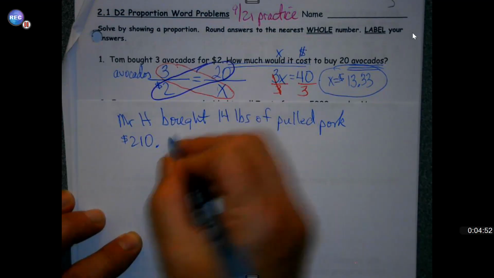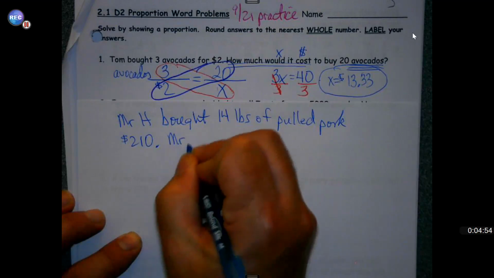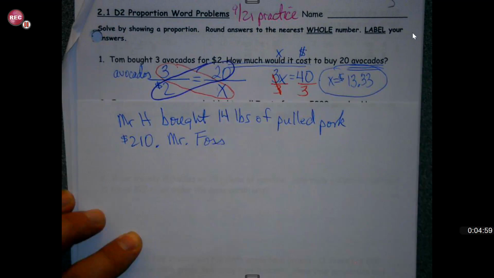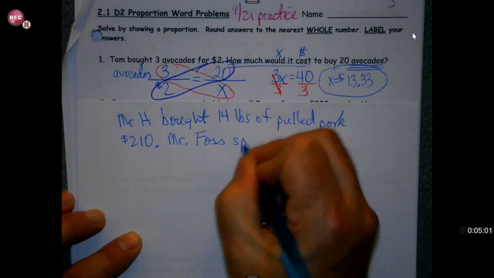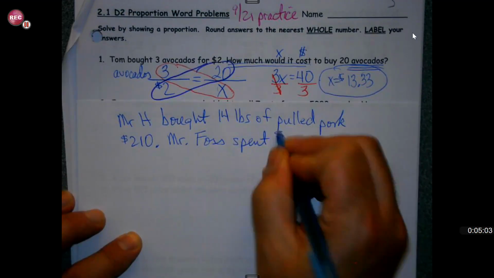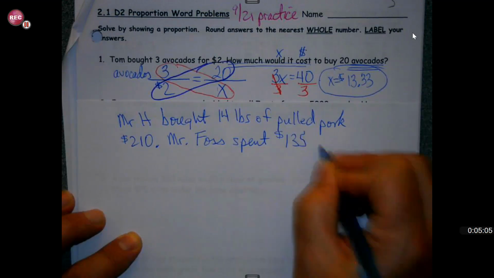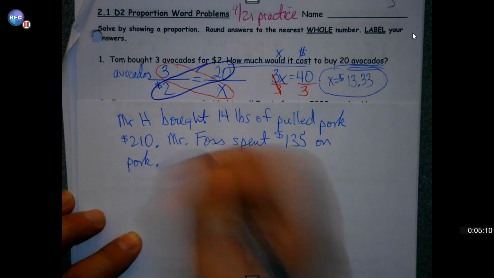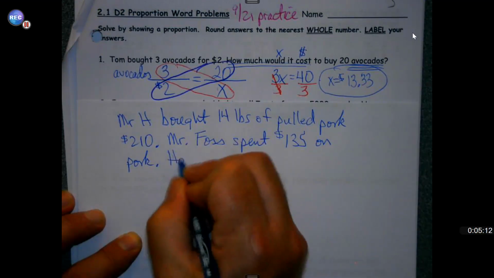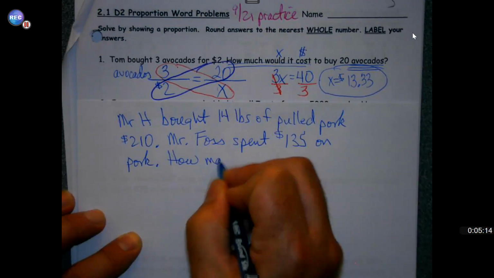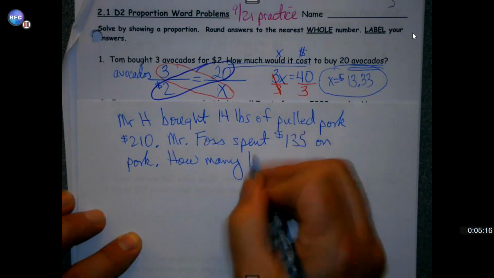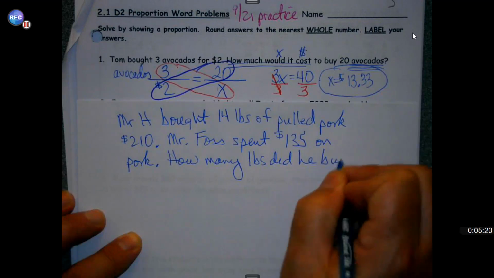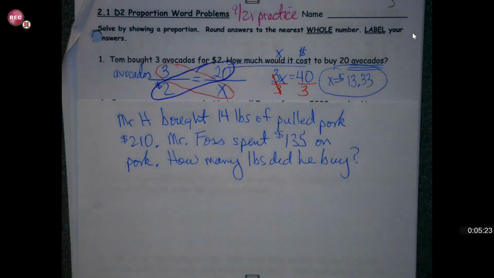Now, here's where I'm going to change it up. Mr. Foss across the hall spent $135 on pork, how many pounds did he buy?